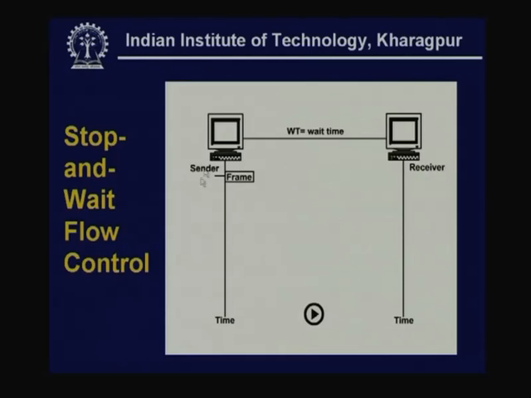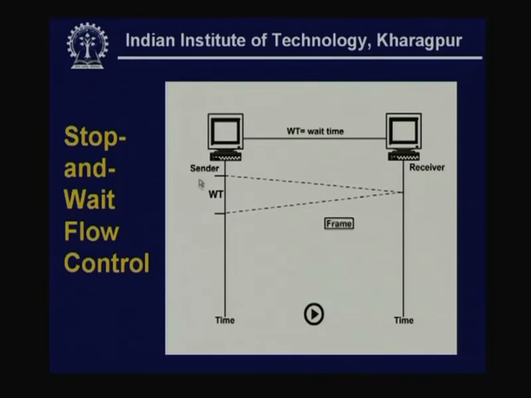So, here is the sender side and here is the receiver side, and a frame is ready for transmission and it is being sent by the sender. It takes some time to reach the receiver, known as the propagation time, and after receiving the frame, the receiver will take some time to do some processing, then it will send an acknowledgement, and the acknowledgement will reach the sender, and after it is received, the sender will send another frame.